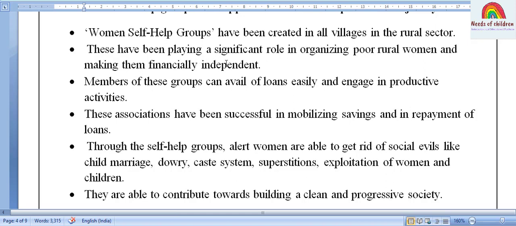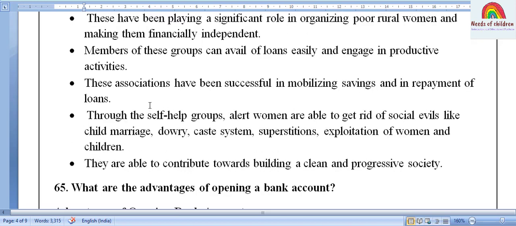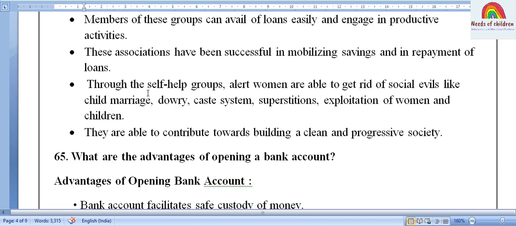These have been playing a significant role in organizing poor rural women and making them financially independent. Members of these groups can avail of loans easily and engage in productive activities. These associations have been successful in mobilizing savings and in repayment of loans.